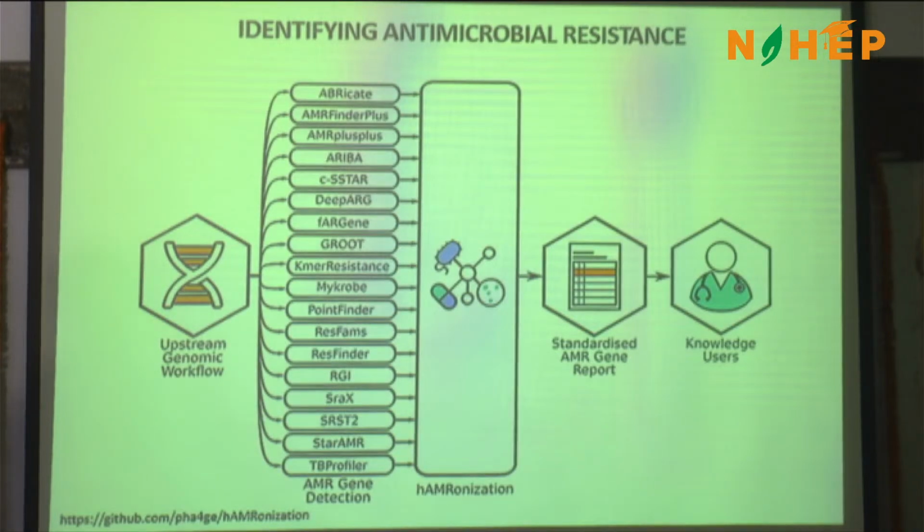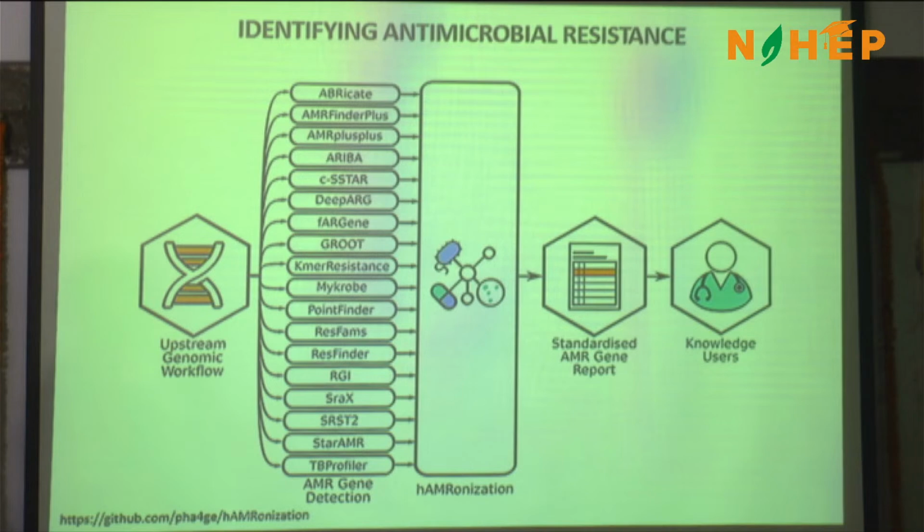How many of you are familiar with antibiotic resistance? Are you working with antibiotic resistance? Yeah, I think you know. So, in the last few years, there have been quite a lot of tools for the detection of antibiotic resistance, okay?